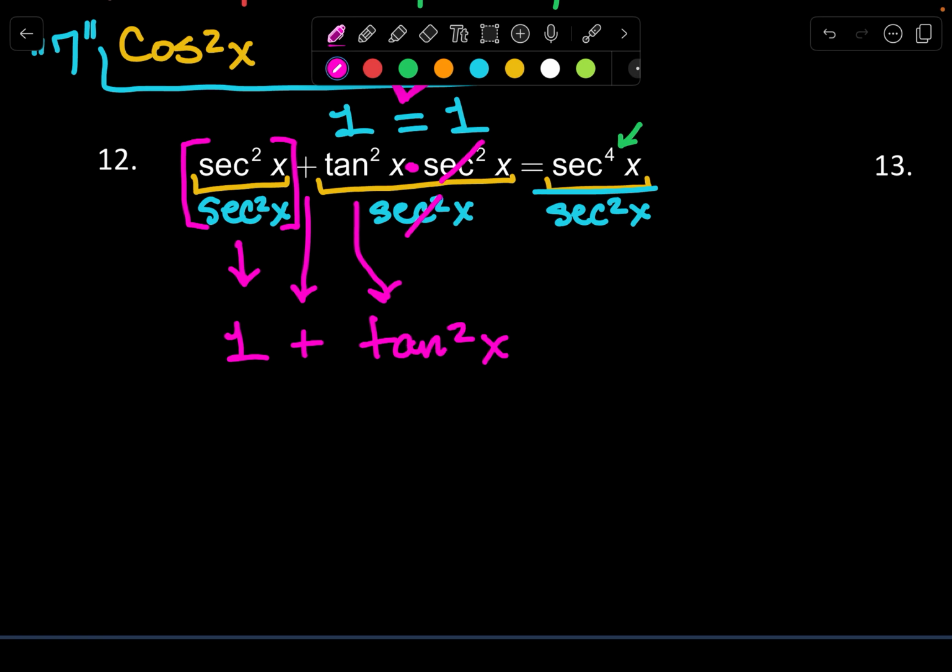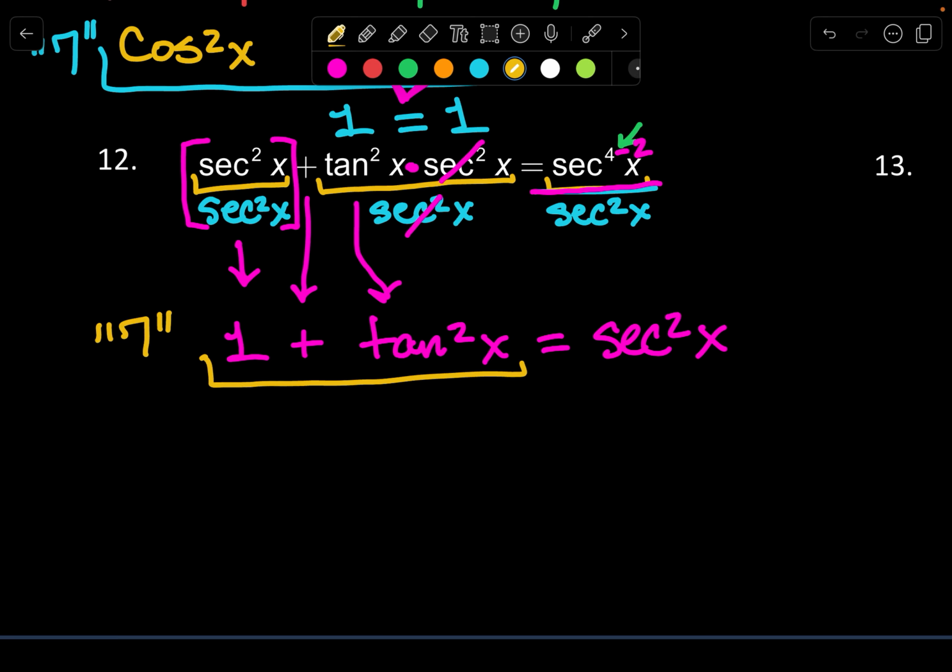When you are dividing exponents, you subtract them. And so that leaves me with secant squared x. Now this entire left side is one of the Pythagorean identities using your 7s, and it equals secant squared x. So if the left side and the right side are equal, we have proven it.